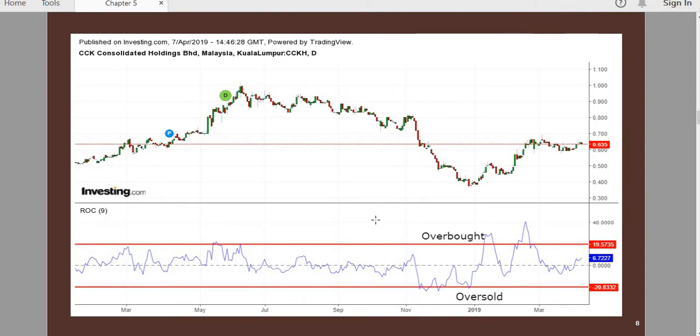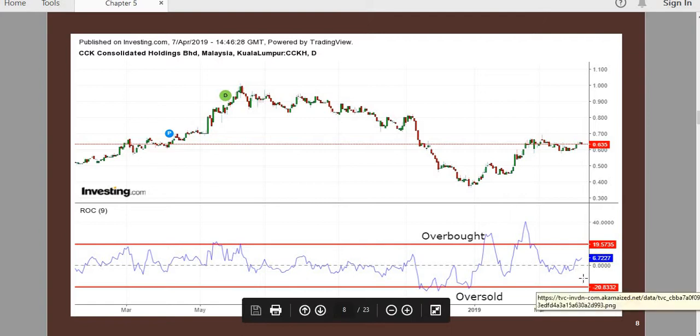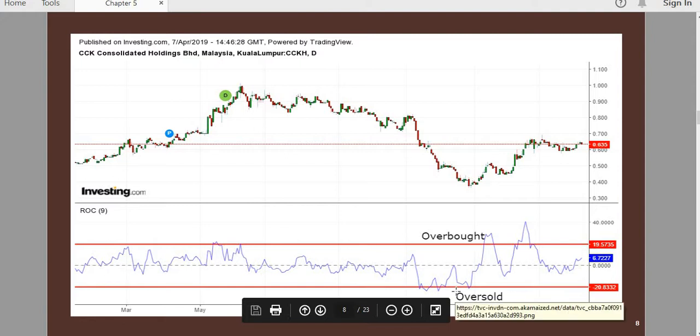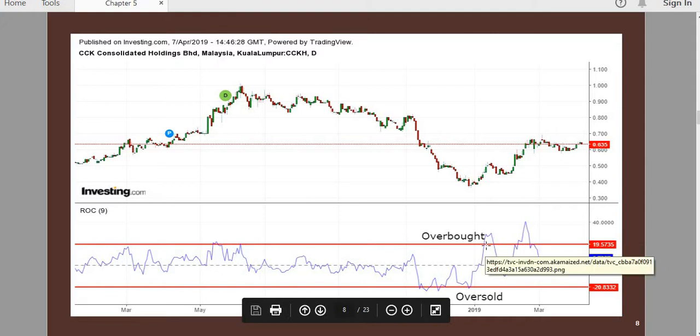Okay, as I mentioned, ROC can also be used to determine the overbought and oversold areas. If you can see in this chart, this is the zero line. We determine the overbought and oversold conditions by taking an extreme spike in the ROC movement.